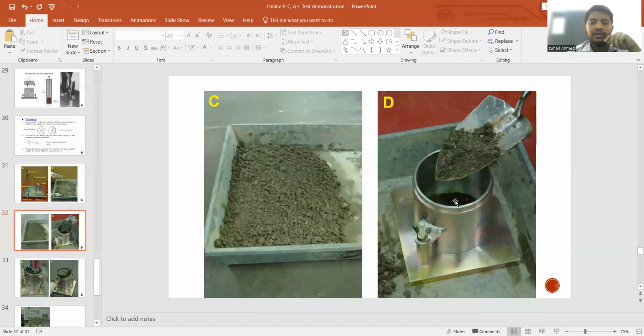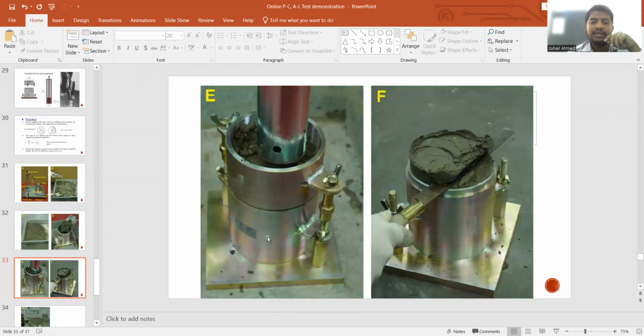After completing those 25 blows, you fill the second layer and apply the second stage of loading, 25 blows again. Then you fill the third layer up to the collar and apply the load for the third. When applying the load for the third layer, you fix this collar.